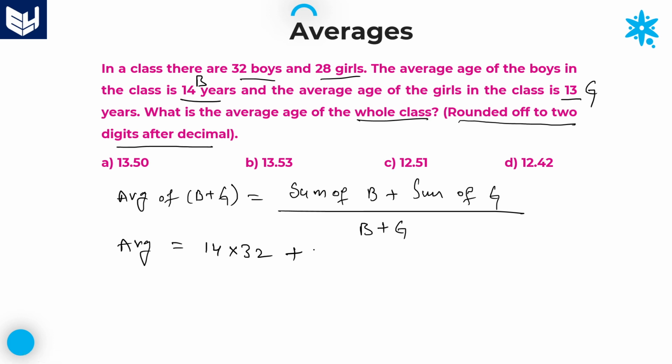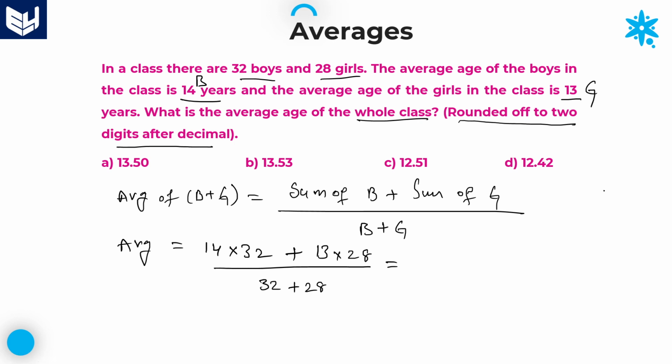Here the average of girls is given as 13 years and the number of girls is 28. Now you can divide by the number of boys 32 plus the number of girls 28. Now you can calculate this value. Whatever answer you get, just keep it as that answer.